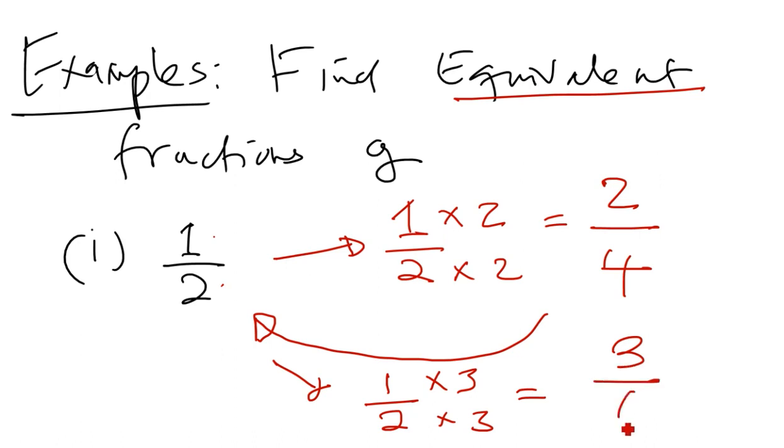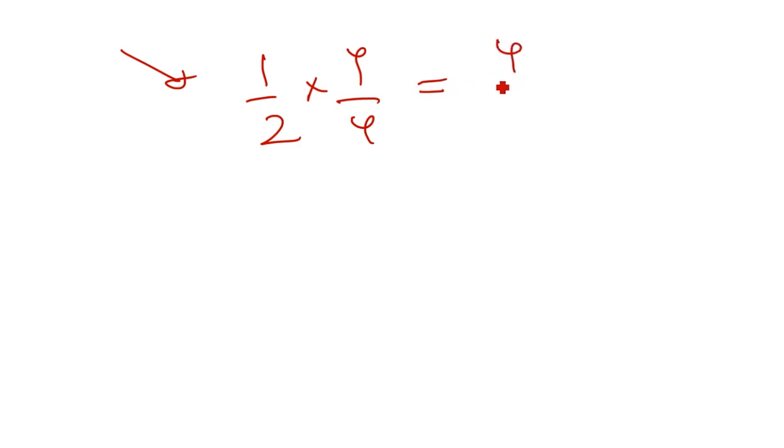So 3/6. This one is also an equivalent fraction of 1/2. Are they over? No, you can still do it. 1/2 times 4, times 4. You get 4/8. Is it over? No, you can actually do as many as you want. And not only 2, 3, 4.